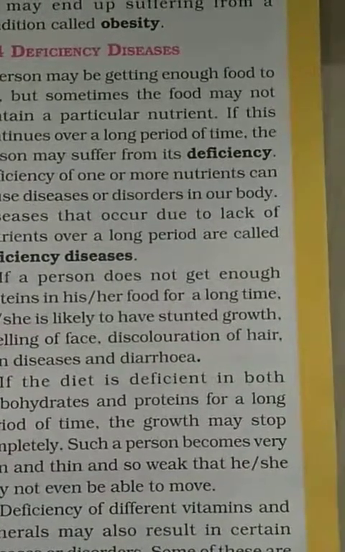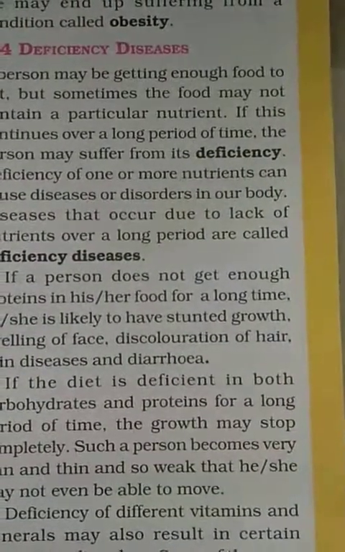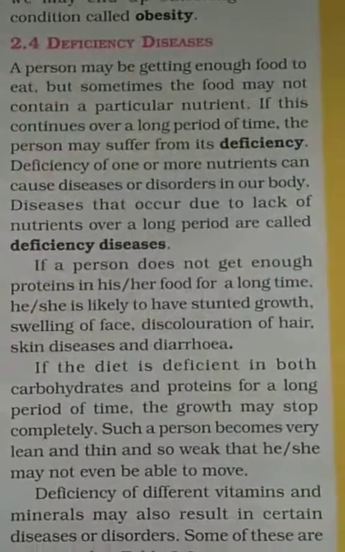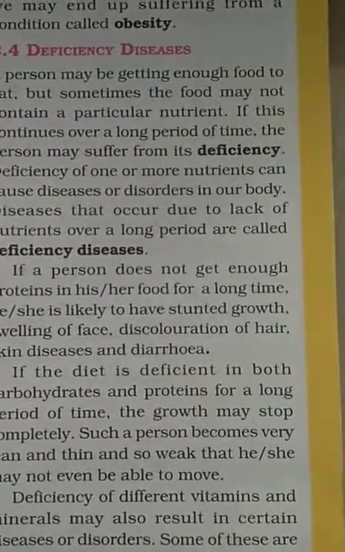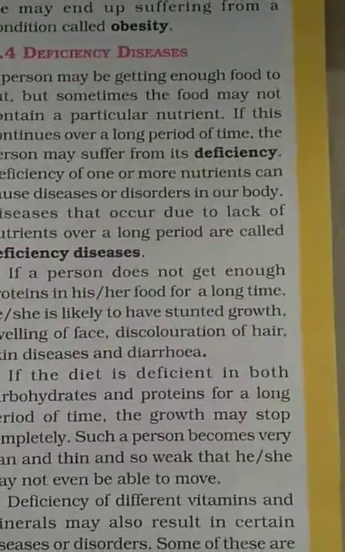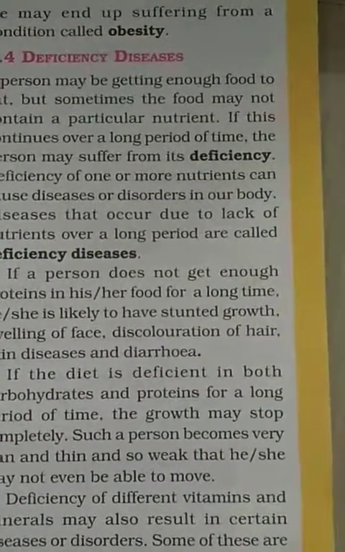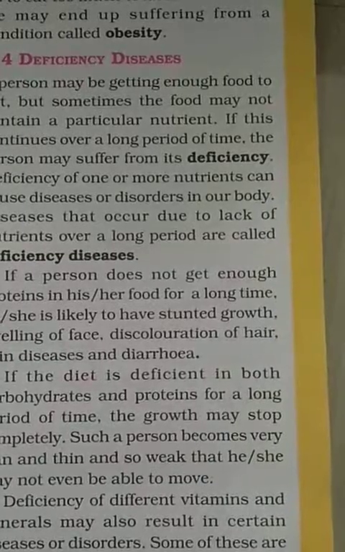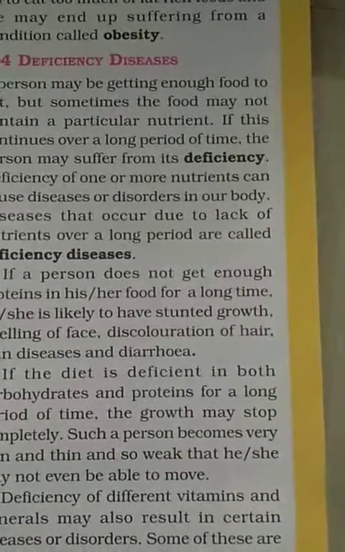So we may suffer from its deficiency. Deficiency of one or more nutrients can cause diseases or disorders in our body. Diseases that occur due to a lack of nutrient over a long period are called deficiency diseases.